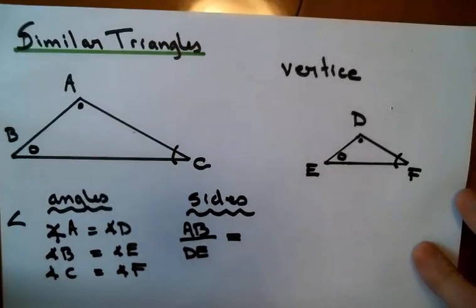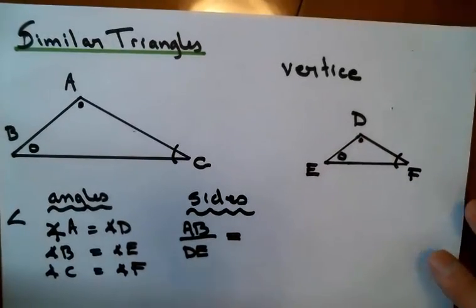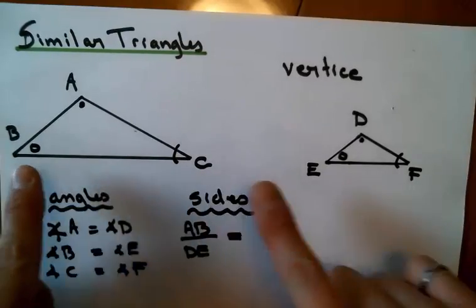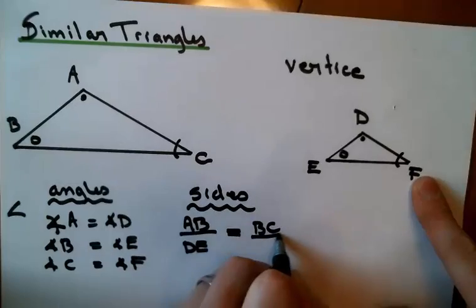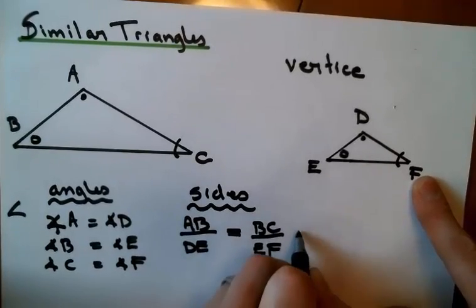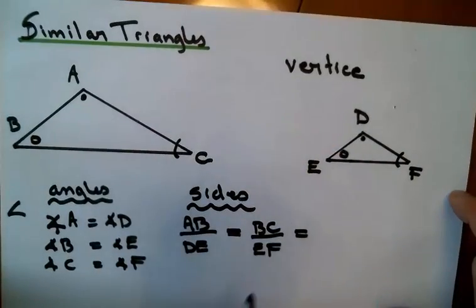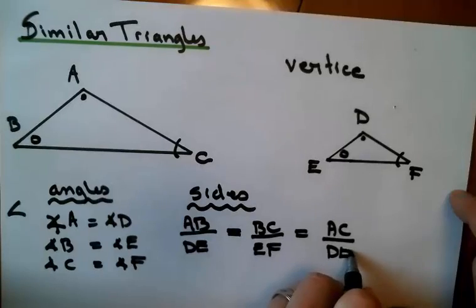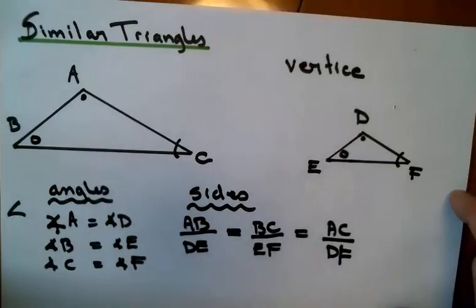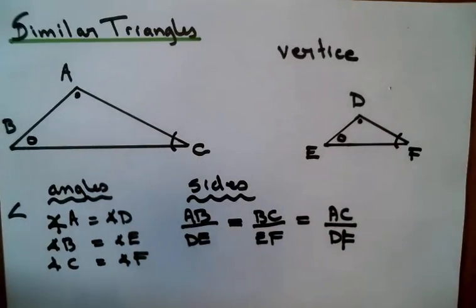So AB over DE is going to be the same ratio as BC over EF. Same goes for AC over DF. Okay, so if we had actual numbers, we could work out the scale of this triangle, which is usually something we end up considering.